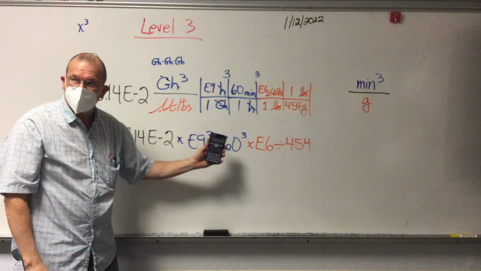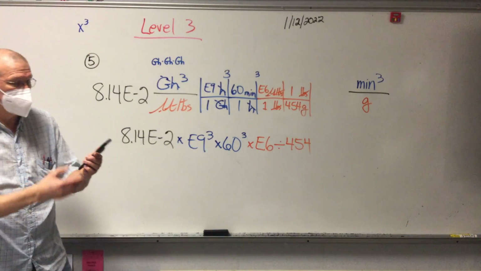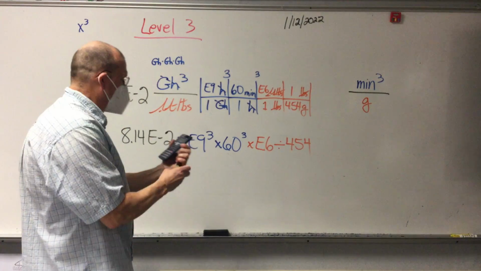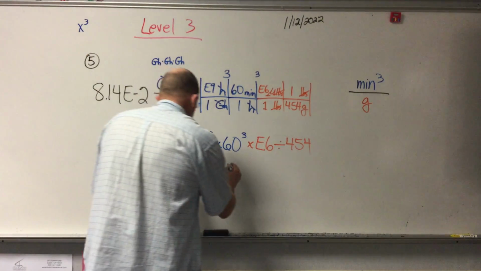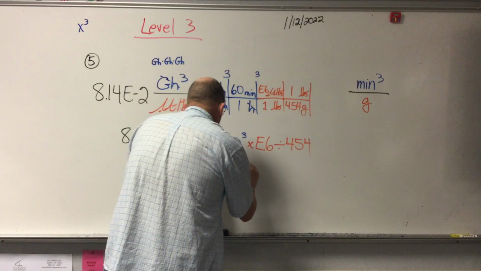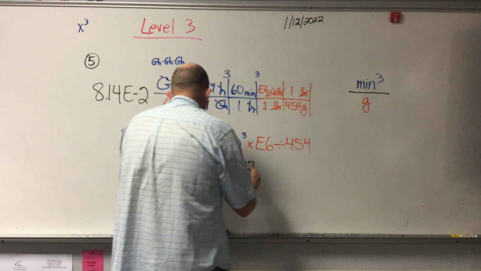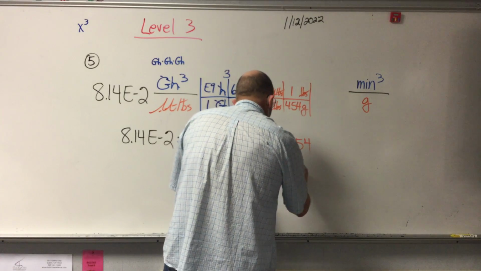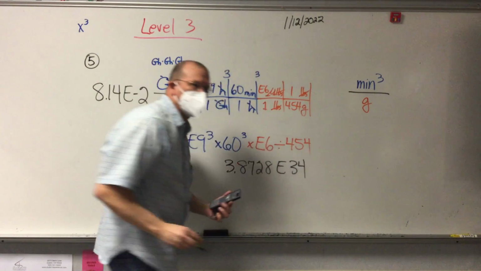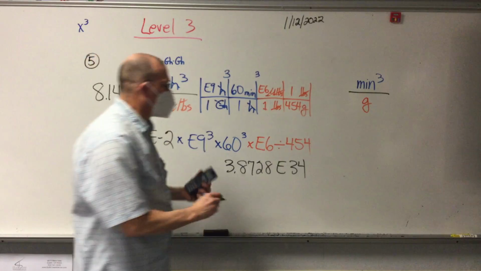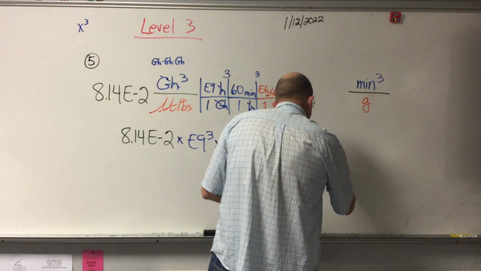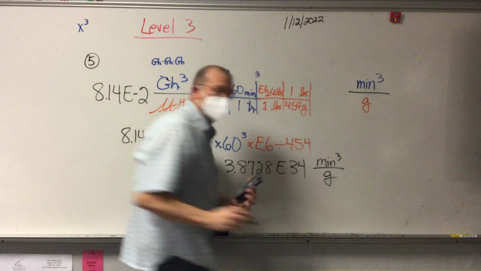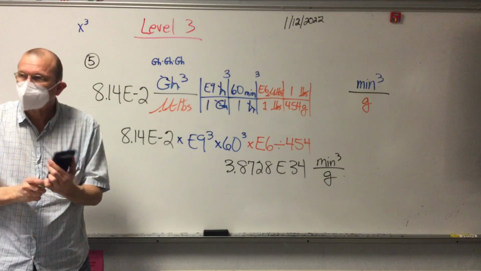And when you get to the end, you just hit equal, and hopefully I did this right. We get, bam, huge, 3.8728, if we went that far, E34. And then our units would be minutes cubed over grams. Okay?